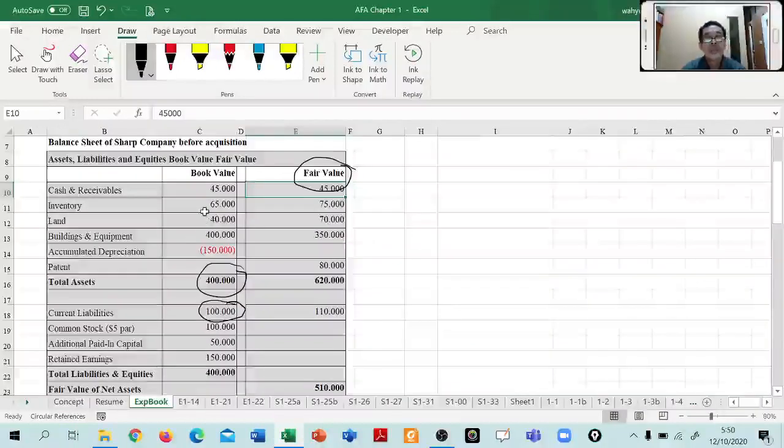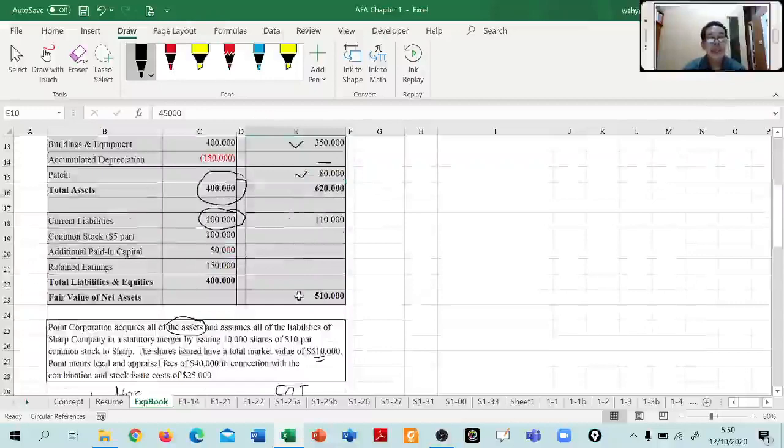in this question, we always choose fair value for cash and receivable, inventory, land, building and equipment, accumulated depreciation, patent, then current liability.